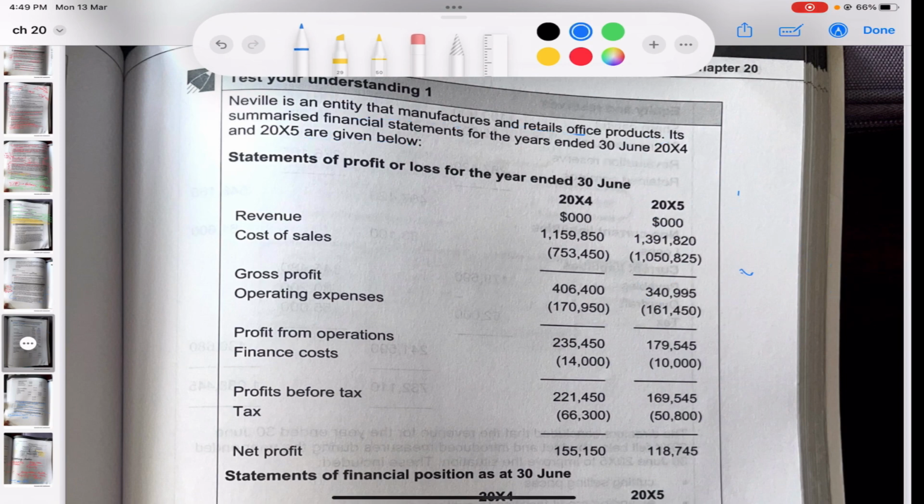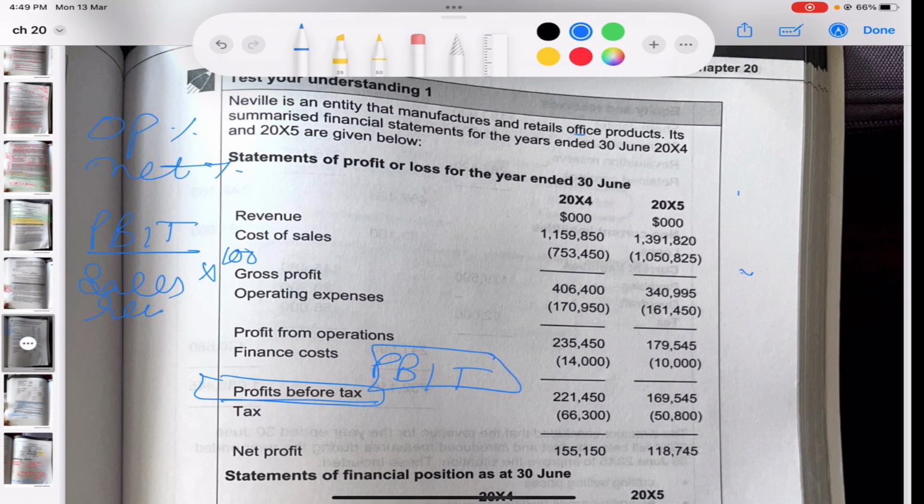GP ratio is done. Now let's do the operating profit ratio or the net profit ratio, which is profit before interest and tax upon sales revenue multiplied by 100%. Right. Where is the PBIT? 221450. I'm sorry. Again. We are not doing PBT. We are doing PBIT, which is the operating profit. Profit from operations. Right. This is PBT.